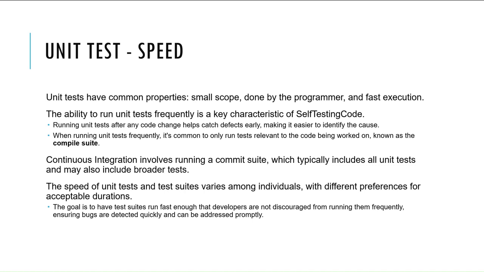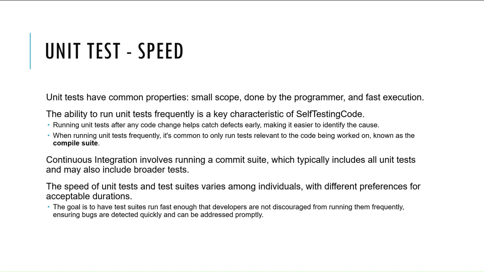When running unit tests frequently, it's common to only run tests relevant to the code being worked on, known as the compile suite. Continuous integration involves running a commit suite, which typically includes all unit tests and may also include broader tests.